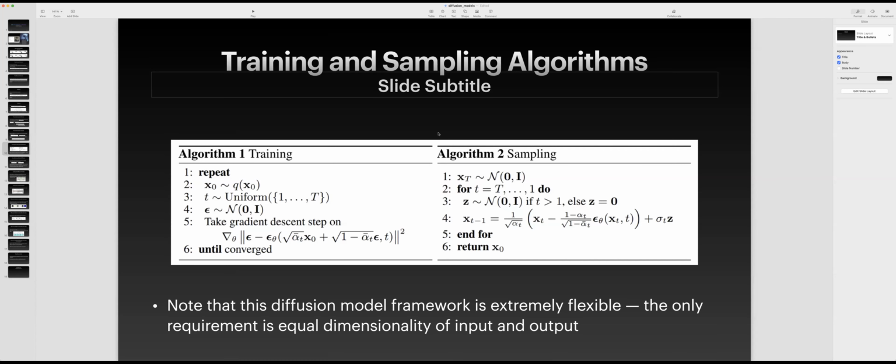I see. What's the standard value for T, which is capital T? Hundreds or thousands? Depending on the application, some simple models are 50 to 100, but the more advanced models can be hundreds, maybe thousands.